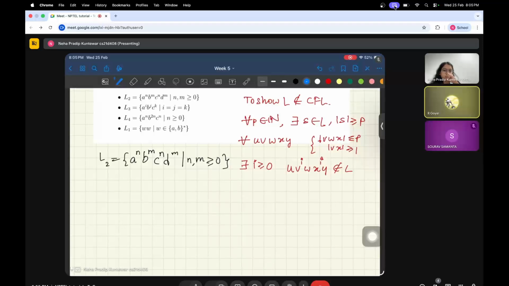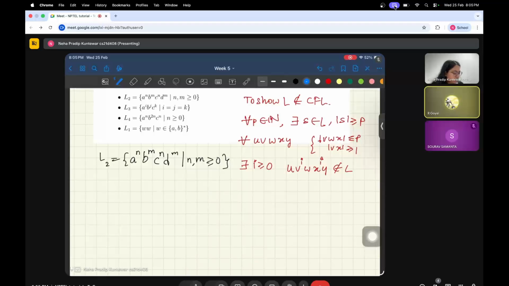So if we need to prove it using the pumping lemma, what is the relation between this and the existence of a pumping length p?